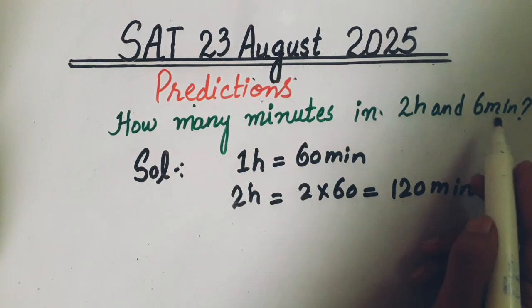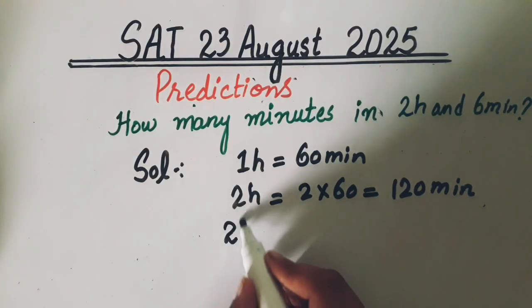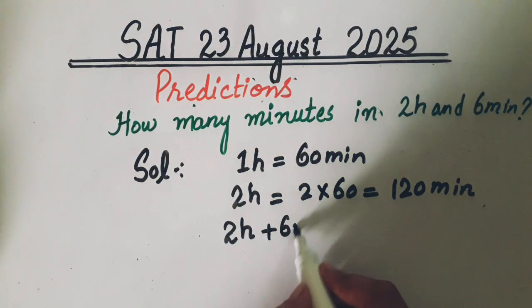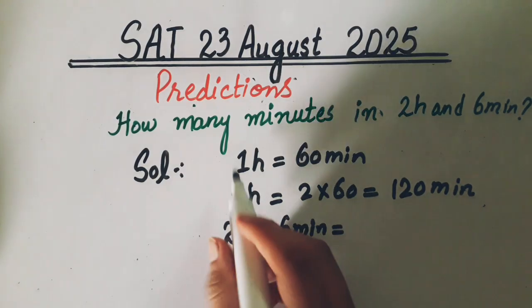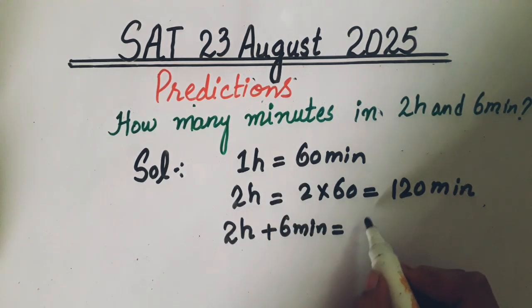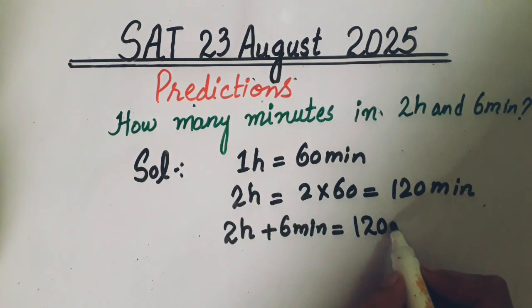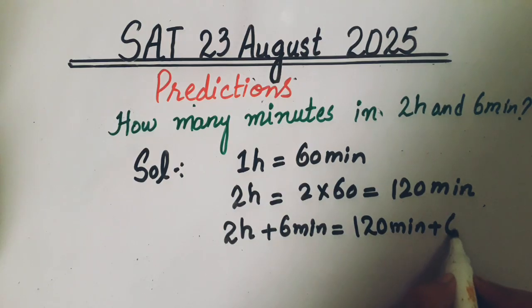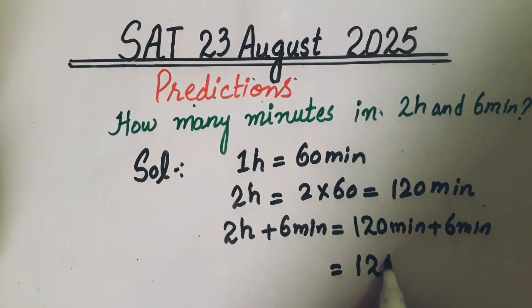And we have 2 hours and 6 minutes, which means 2 hours plus 6 minutes. And we have to convert our answer into minutes. So we will write this as 2 hours equal 120 minutes plus 6 minutes. So our total answer will become 126 minutes. So this will be the answer.